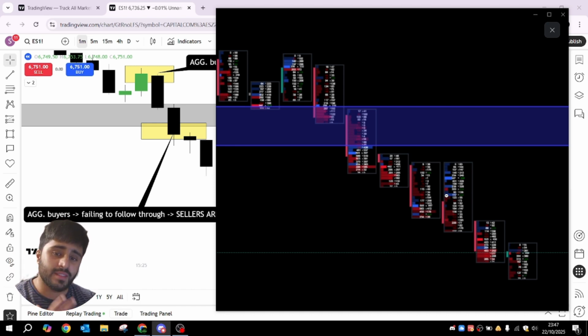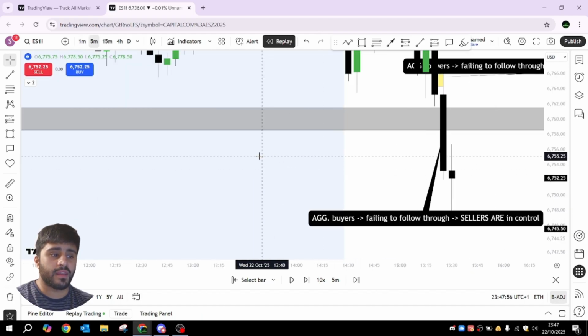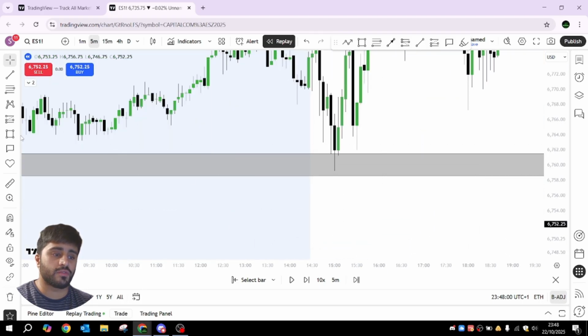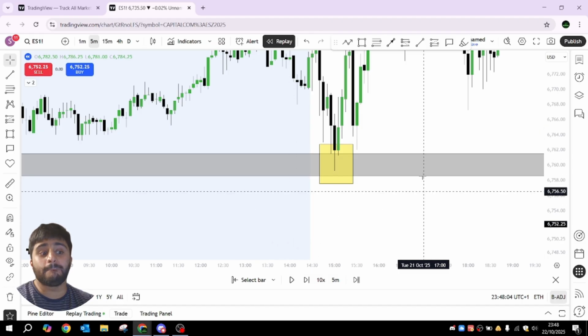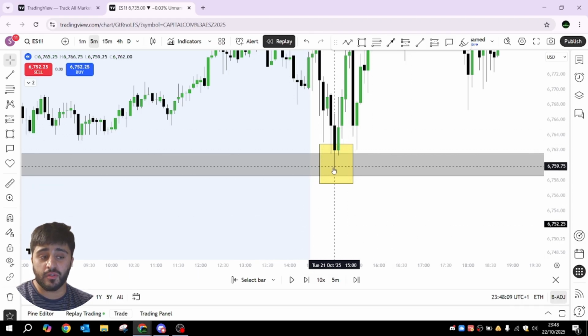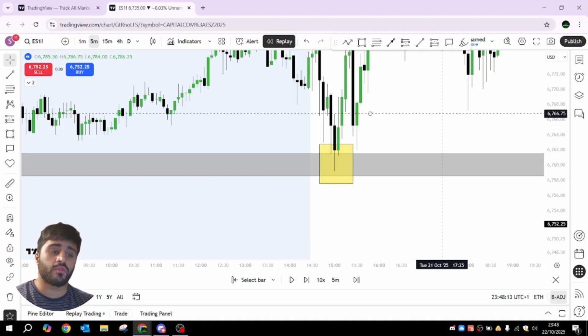So when I come to this level, I'm beginning to see sellers have taken control of it. If we take a step back, yesterday we saw this level holding as demand. I'm not going to show this on the order flow here, but in this region we saw sellers not being rewarded. Sellers were aggressive here, the market moved higher, which means buyers were in control of the price.